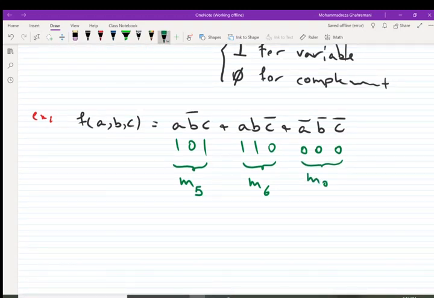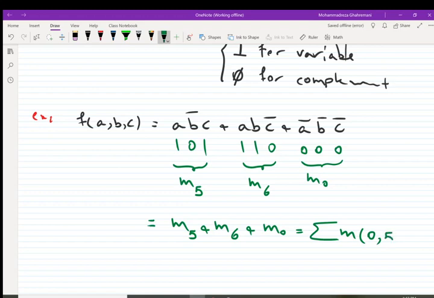So we can simply say the function is m5 plus m6 plus m0, or sigma of minterms 0, 5, 6. So we don't have to write the truth table for this function to find the minterms. We can directly write the minterms from the function.